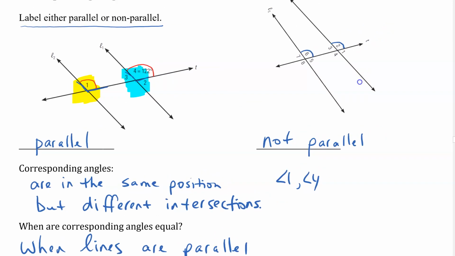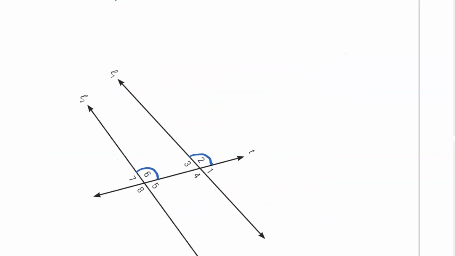I'm going to look at this one here and let's talk about other corresponding angles. If I've got angle 1 here, what's the corresponding angle in the other intersection? 5. Okay, I'll pick a different color here. If I've got angle, say 7 on this one, what's the corresponding angle on the other intersection? 3.